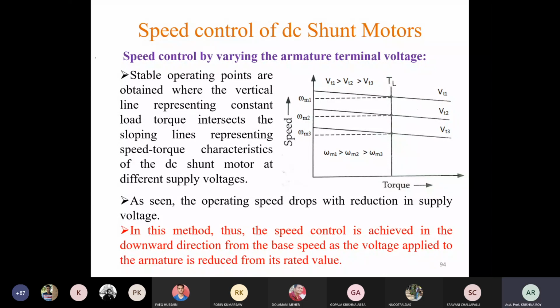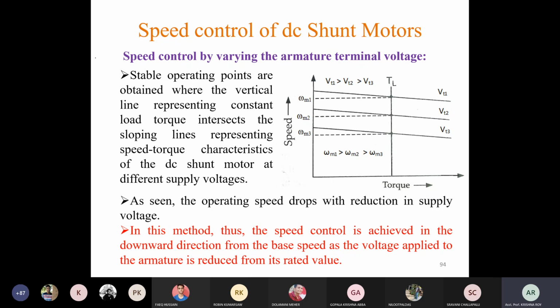We can see from this plot that this method of speed control is used to decrease the speed from rated speed. That means we can operate the motor with a speed which is less than the rated speed.